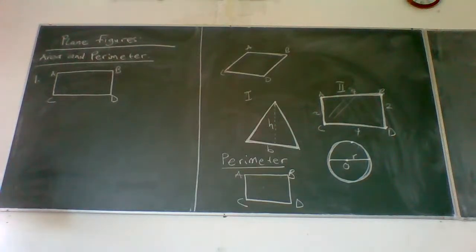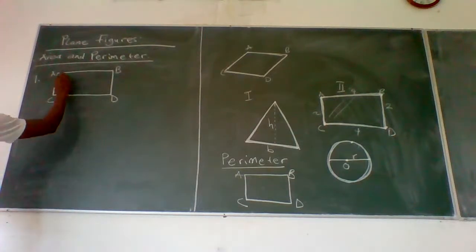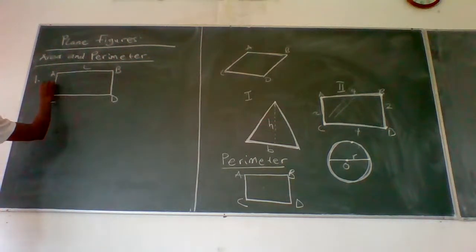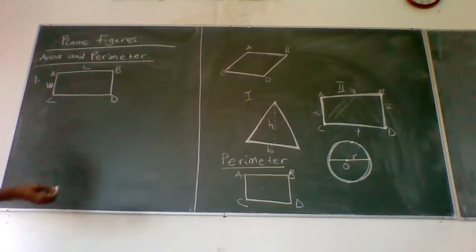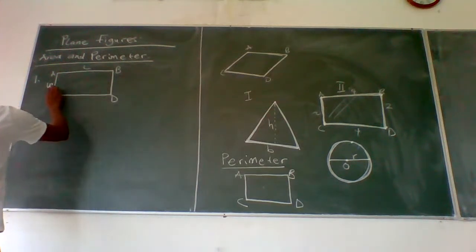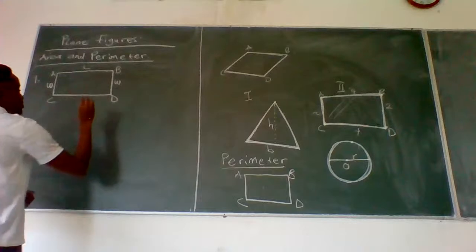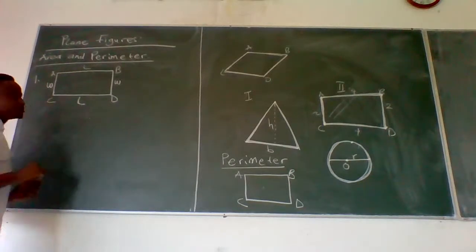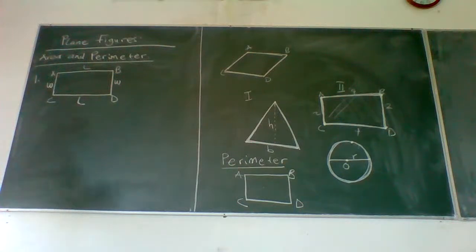So if this one, the length, let's say, is L, and then this one is what? The width or the height, actually. So if this one is W, then this is also W, and this is also what? Like L, length.